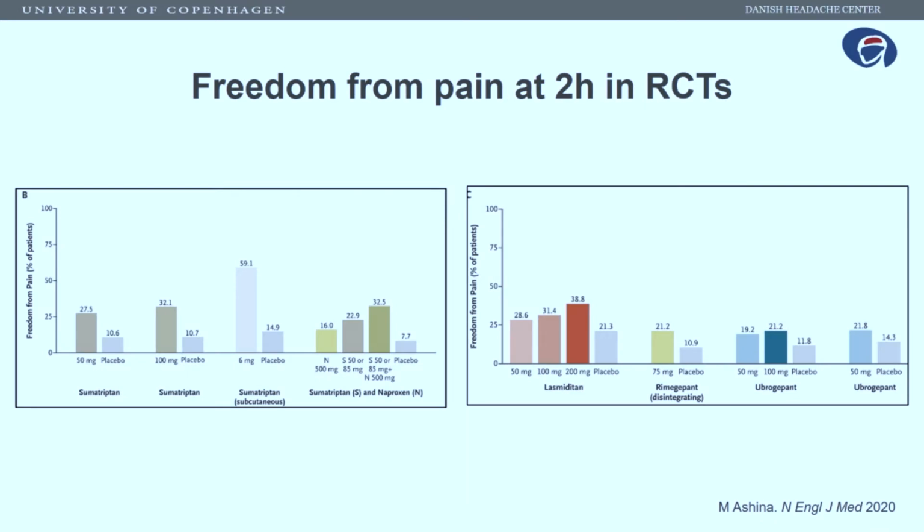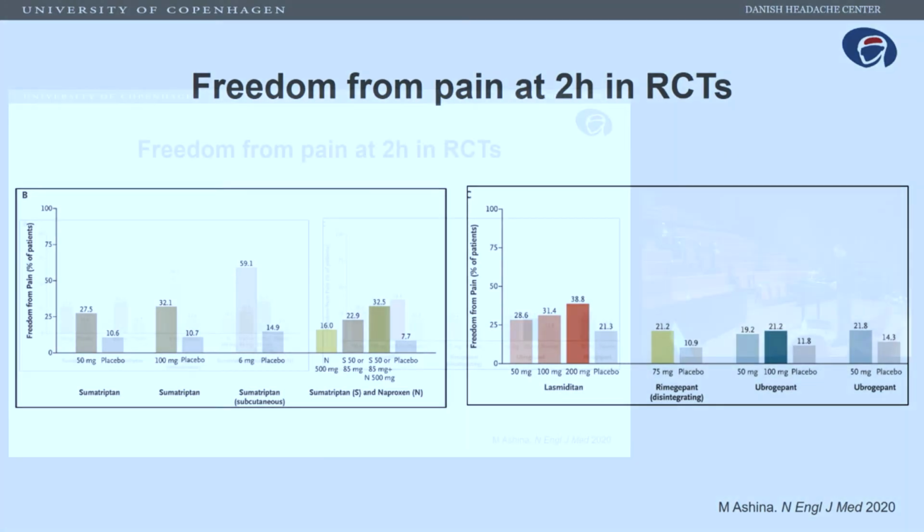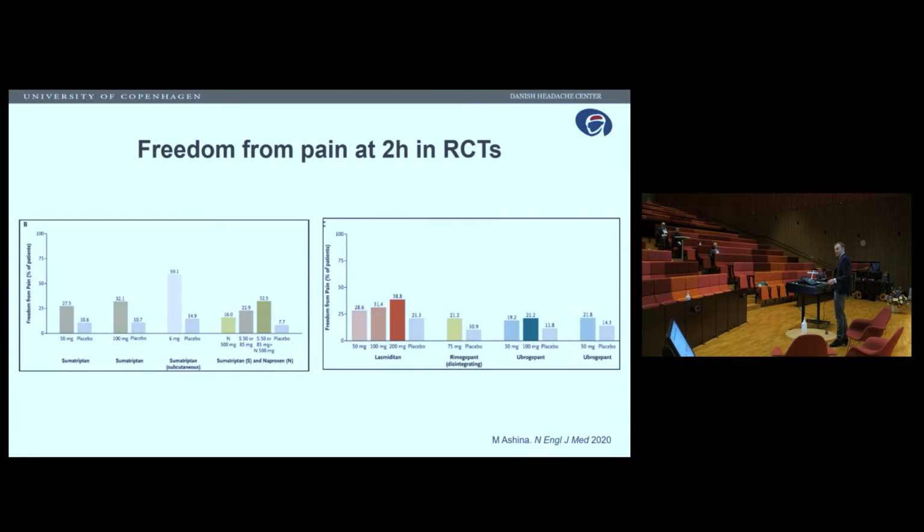Here we have the same panel as before with sumatriptan on the left-hand side, and then a new panel with lasmiditan, rimegepant, ubrogepant in different formulations from the different trials, all of them superior to placebo, with response rates somewhere between 20-30%, lasmiditan a little bit more.